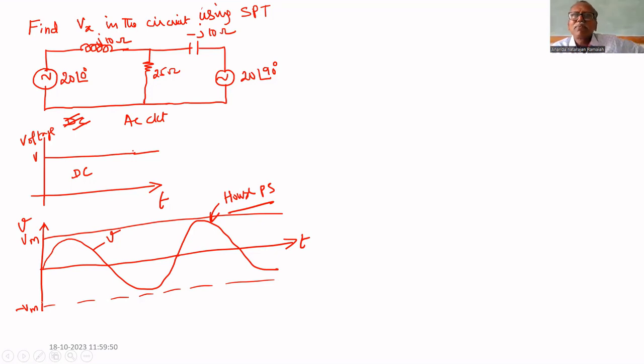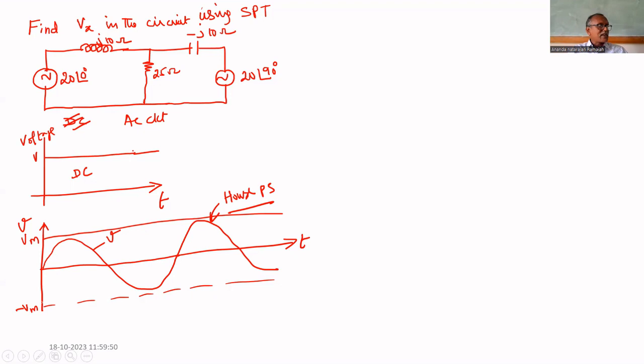DC also can be stepped up and stepped down. No. Your answer is partially correct. AC can easily be stepped up and stepped down. A static device can step up and step down. What is that static device? Transformer. Transformer is a static device.